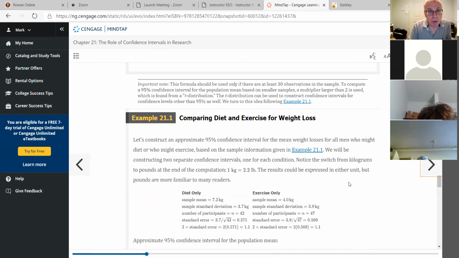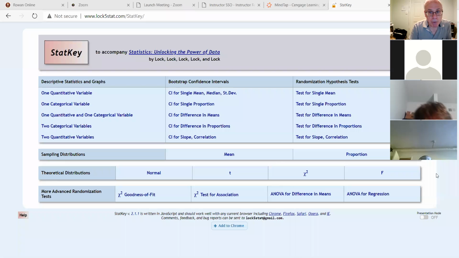So let's actually go to StatKey now. Once again, I hope you've been playing around with StatKey a bit.